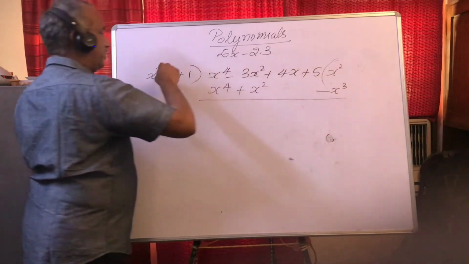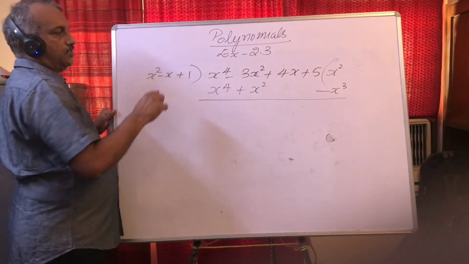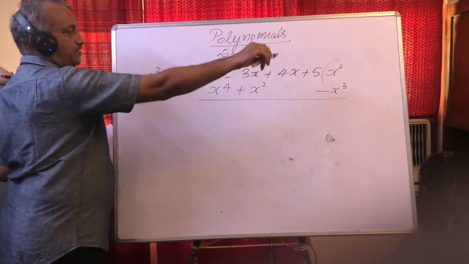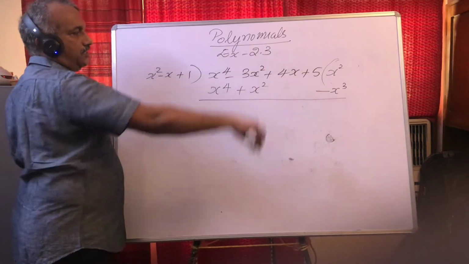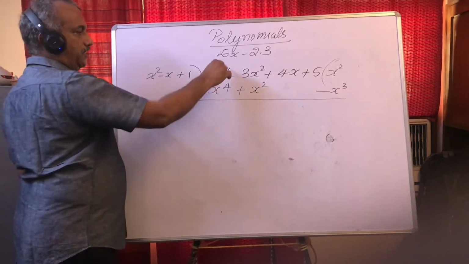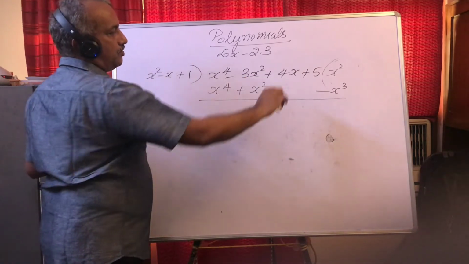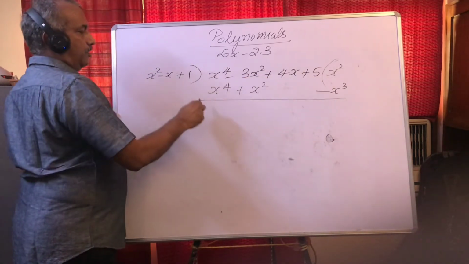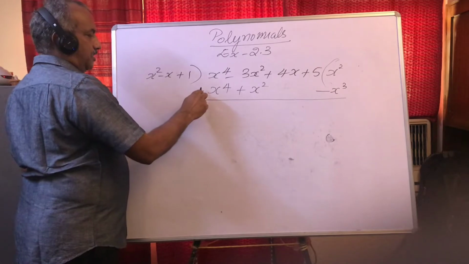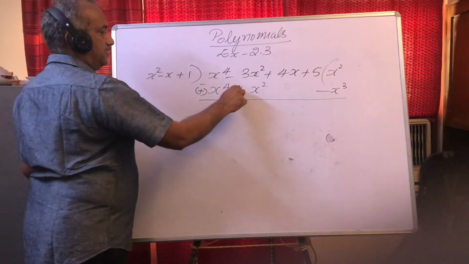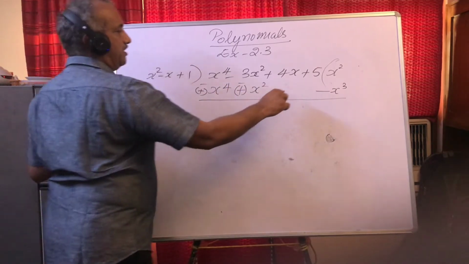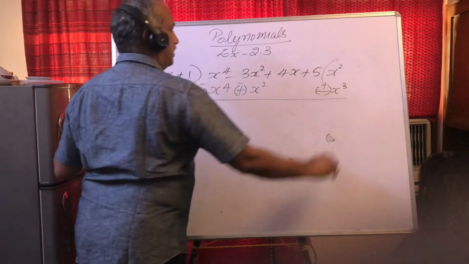See, x square into minus x cube, there is no term, so I wrote it separately, because like terms should come in the same column. x raised to 4, x raised to 4, x cube, x square, like that. Now change the sign. This is plus, this will become minus; this is plus, this will become minus; this is minus, it will become plus.